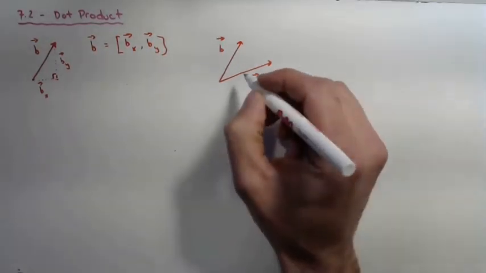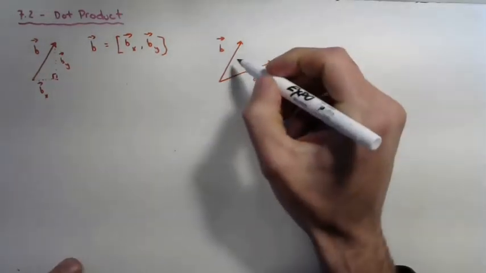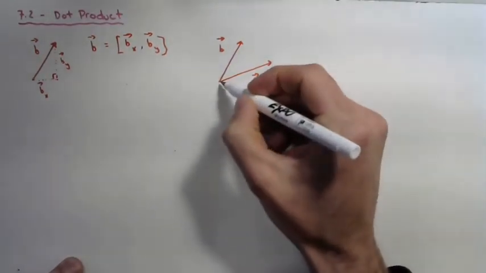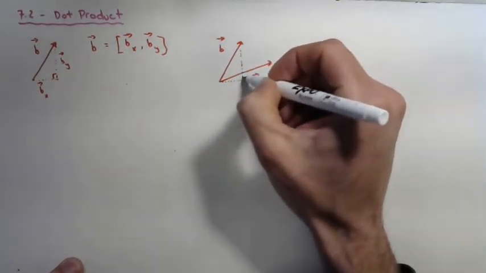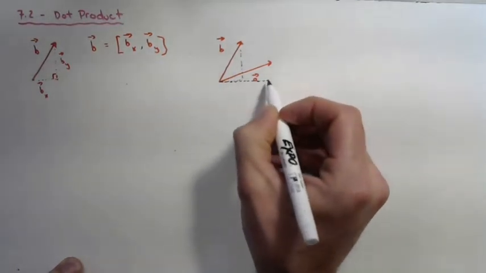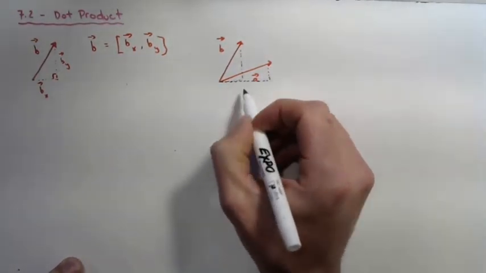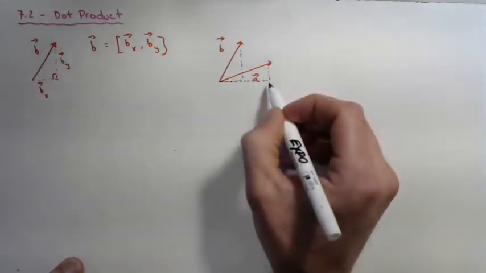Well, what we would need to do there is simply figure out the force that they're applying together. We could take the x component of b and add it to the x component of a, and then take the y component of b and add it to the y component of a.